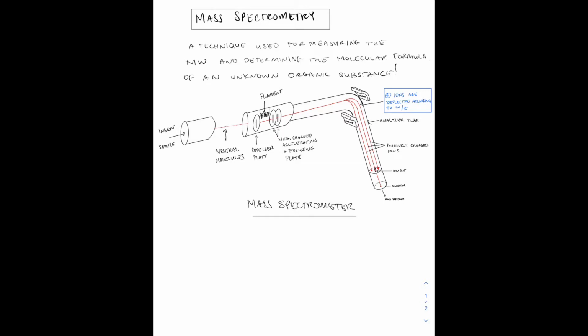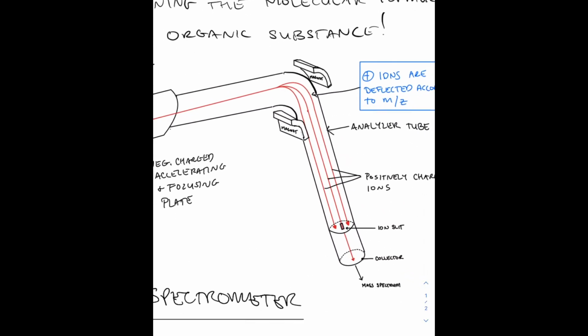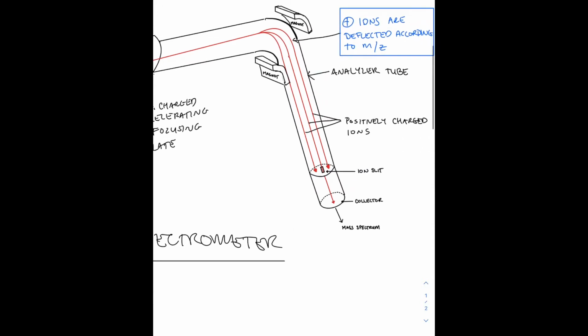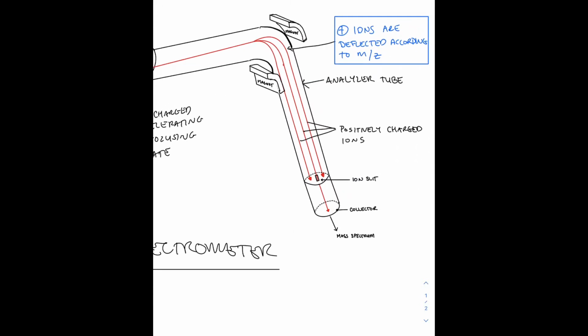Depending on the strength of the magnet, as well as the mass to charge ratio, these ions can be deflected. And so that's basically what's happening here. They're changing their path and making a hard right turn, right?